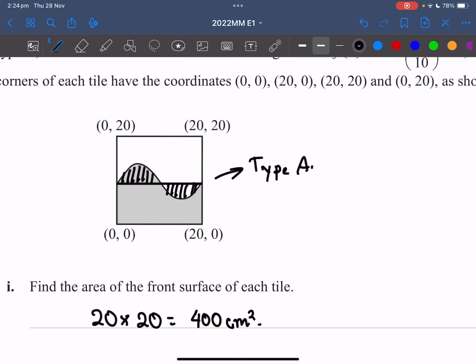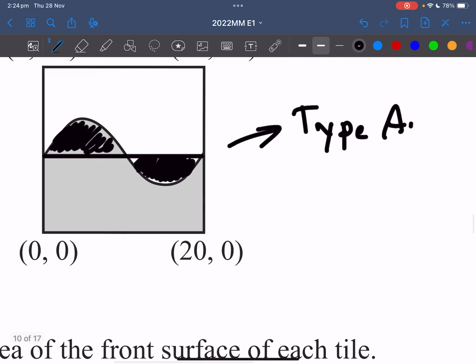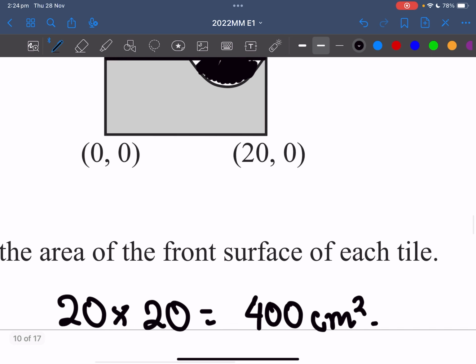So what we basically have is just a rectangle. Just imagine that this area is gone and now it's filled up here. So all we have to focus on is this part over here. Now if I were to find the value of A such that the area is half, what would our A be?